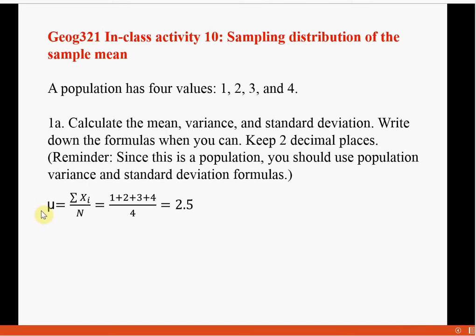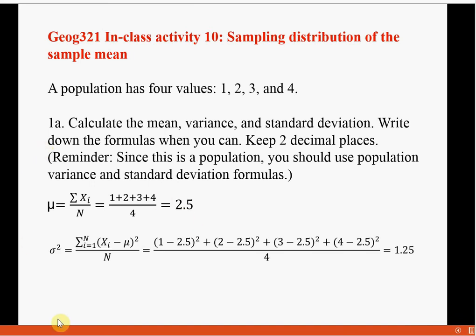Please note that here I use a mu to represent the mean because this is a population. We calculate the mean for the population, so we use Greek letters to represent the population parameters. So 1 plus 2 plus 3 plus 4 divided by 4, 2.5. This is the population mean.